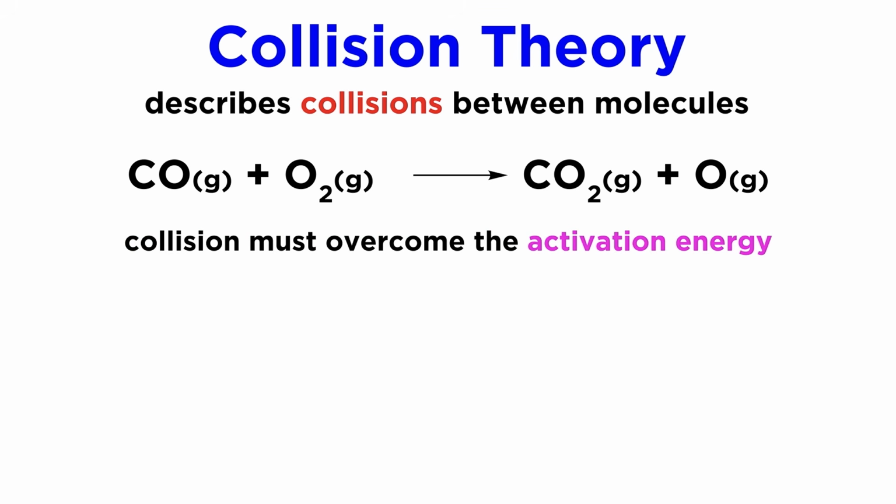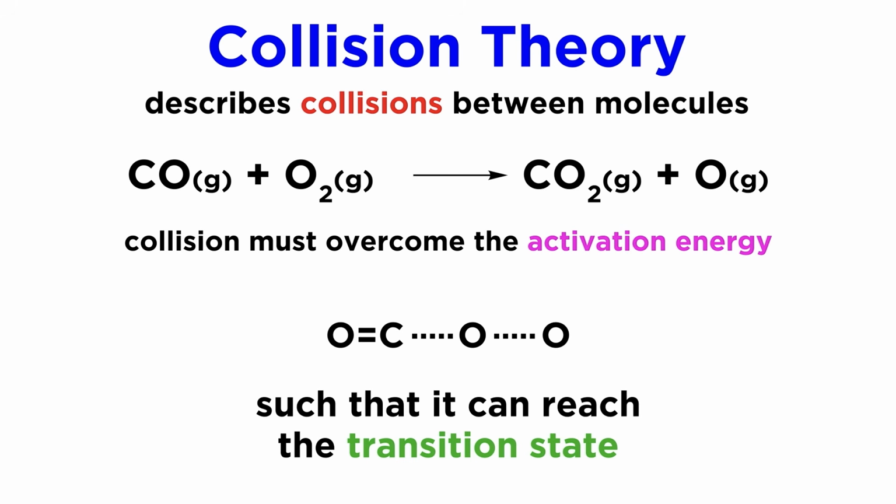Then, beyond orientation, even if the oxygen molecule collides with the carbon atom on carbon monoxide, it must also do so with sufficient kinetic energy so as to overcome the activation energy of the reaction. This is the energy required to reach the transition state of the reaction, where bonds have partially formed and other bonds have partially dissipated, a point beyond which the reaction will certainly occur.